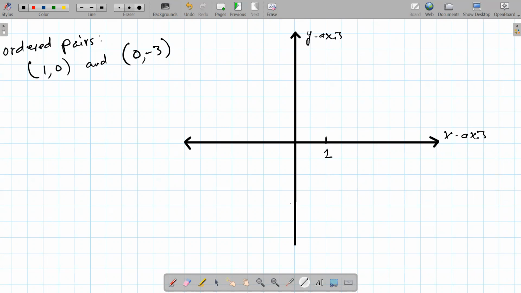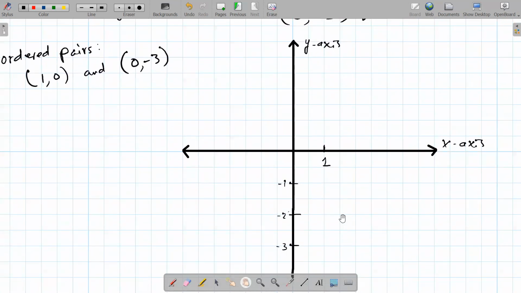It's not going to be perfect, but let's see what we get here. So let's say that this is -1, -2, and this is -3. -2, -1. So this is the origin. This is where both the x and the y meet. This particular point, the other pair is going to be 0, 0.